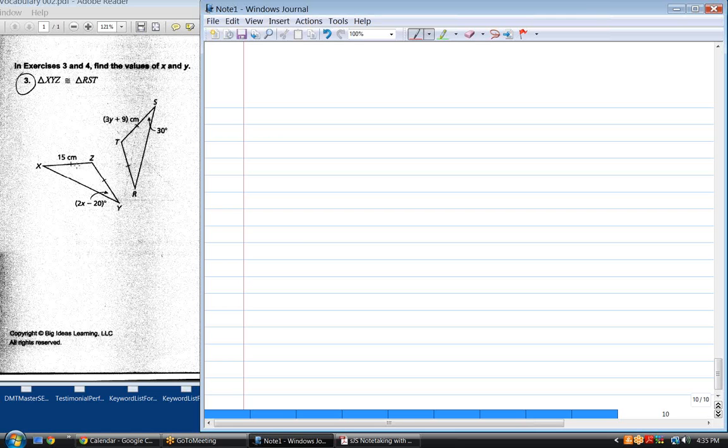Based on the hash marks, they also tell us that that's equal to that. What kind of triangle is that? Isosceles. Okay. What kind of triangle is this based on those 2 hash marks? Isosceles. Okay. Let me draw this right one in a slightly different orientation.